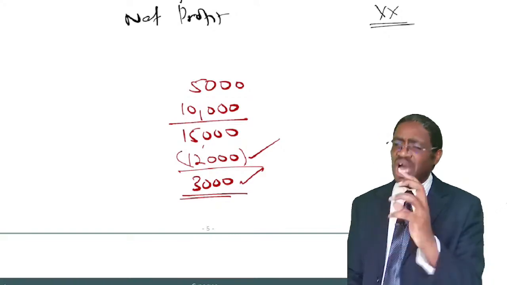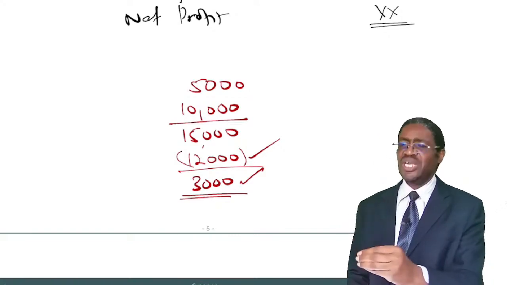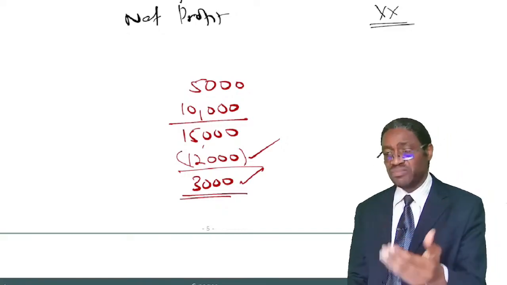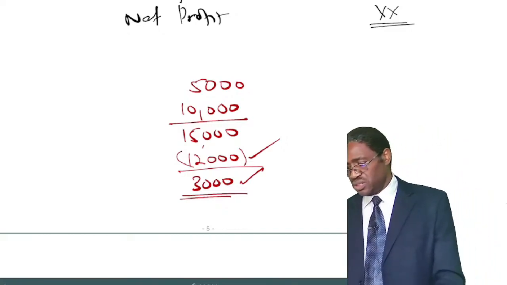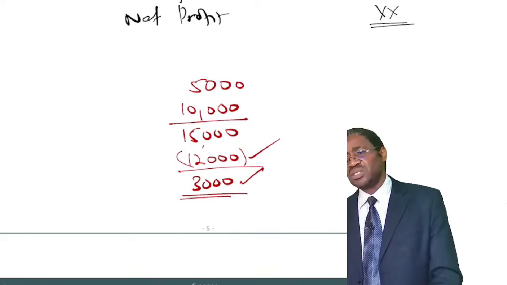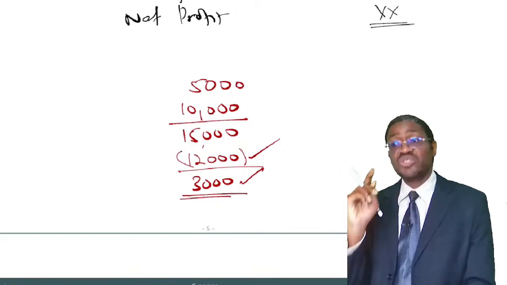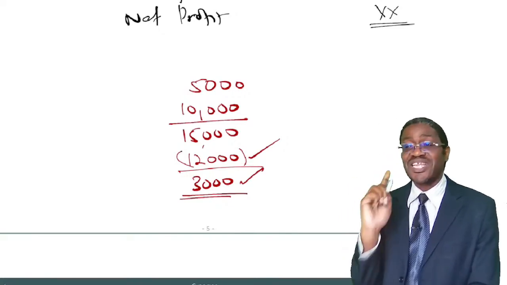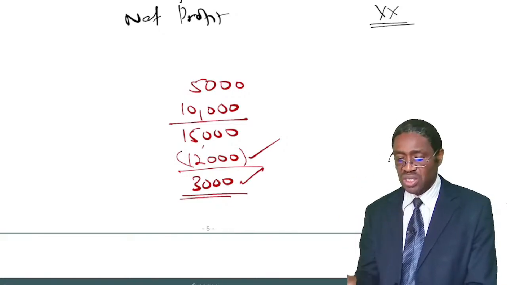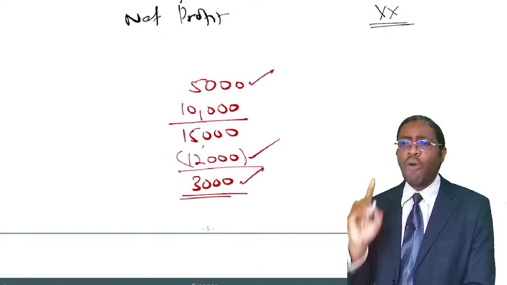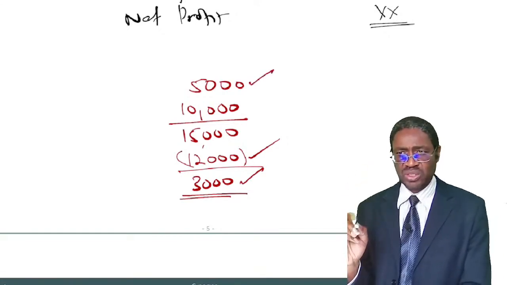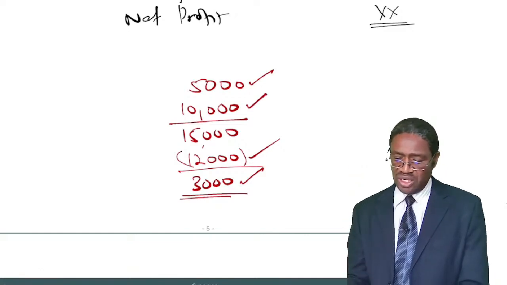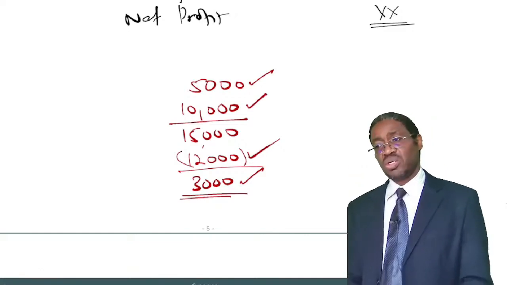So when you have small tools in the manufacture of whatever you're manufacturing, we call them loose tools. When you have loose tools, you get the cost of the loose tools consumed by taking the opening stock of loose tools, you add purchases of loose tools, and you minus closing stock of loose tools.